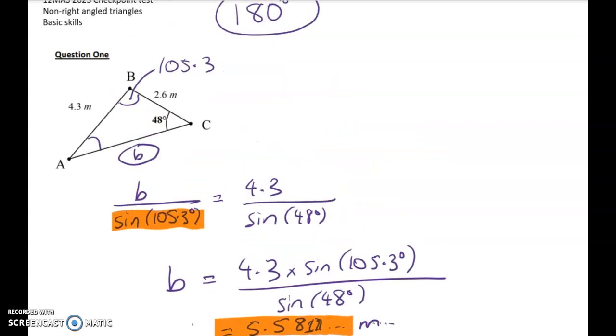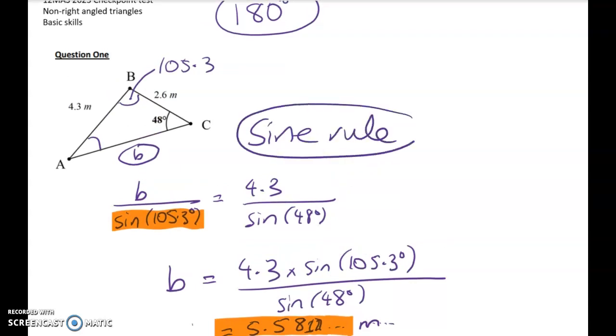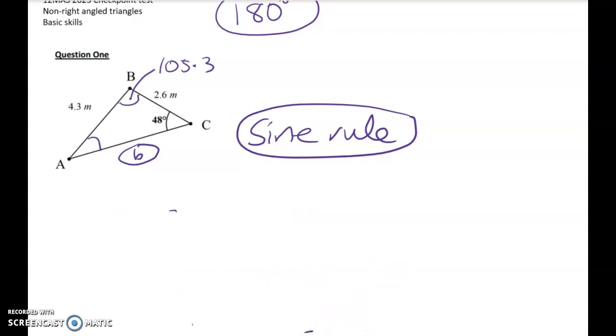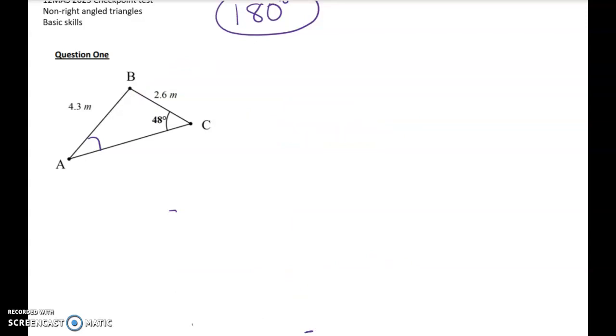Now I'm going to do it using the cosine rule, right? So this way was using the sine rule. Let's have a look at why I can use the cosine rule now. If we go right back to what we had at the start, we've got this angle, but we didn't have this length.